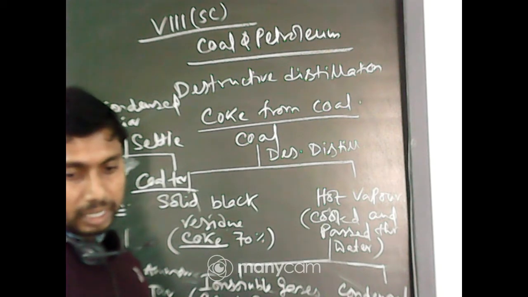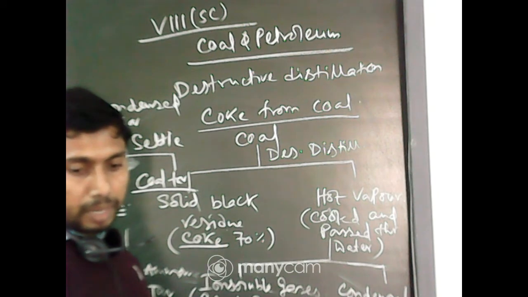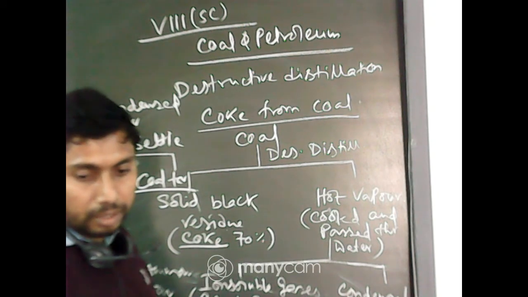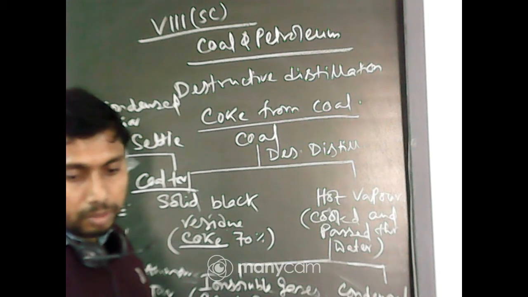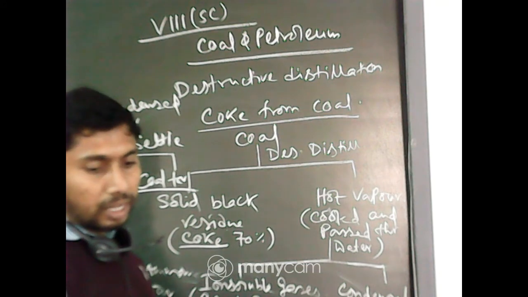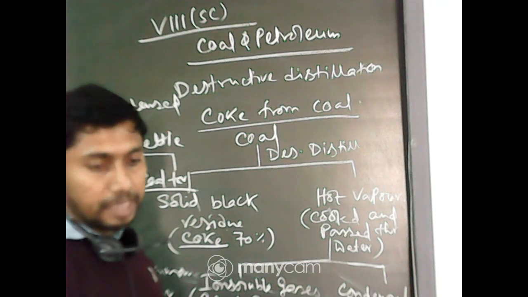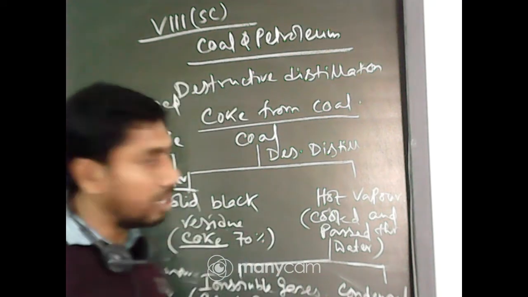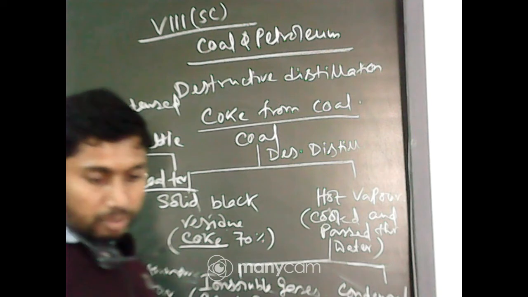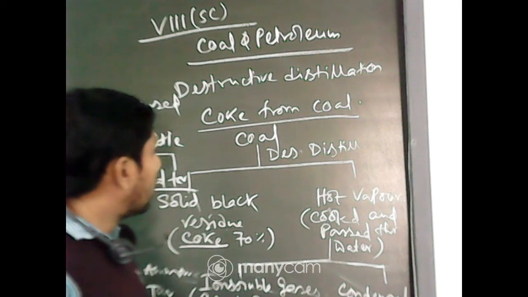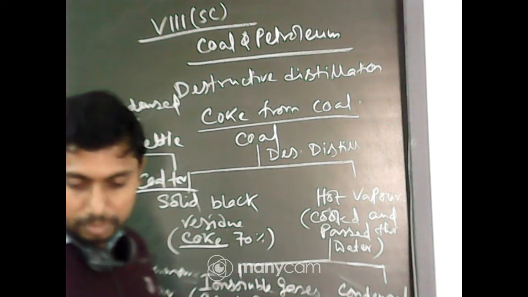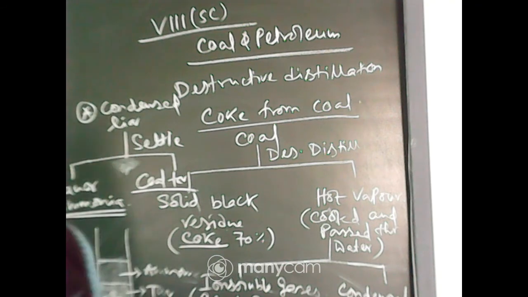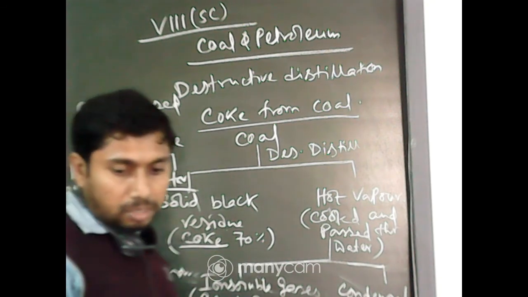Yes, okay. The definition of fractional distillation, which was asked by Sneha: when the components are separated by their boiling points, by heating obviously, then it is called fractional distillation. May I rub it?